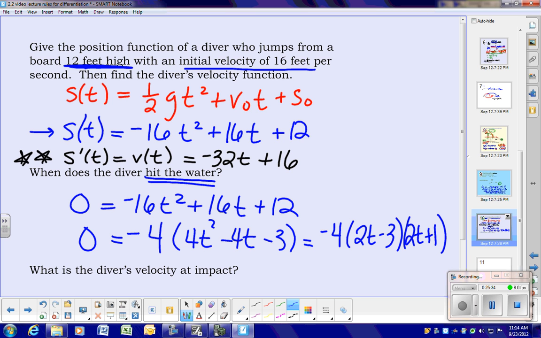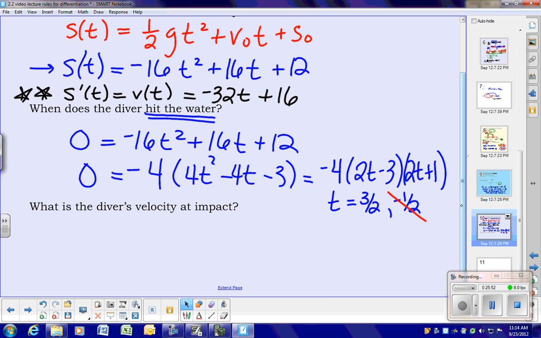If that's set equal to 0, that means that t would have to equal 1.5 or -0.5. One of those doesn't make sense in the context of the story, and that's -1/2, because time would start from positive values, really from 0. So a positive answer is what I want. After 1.5 seconds, the diver's going to hit the water.